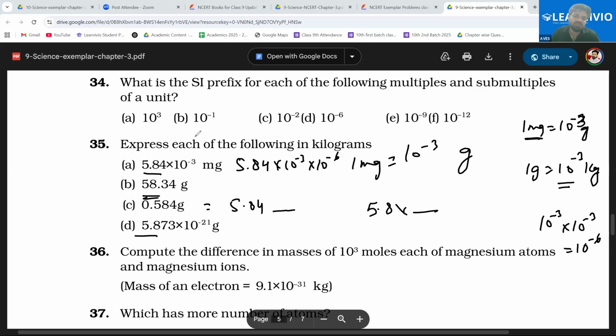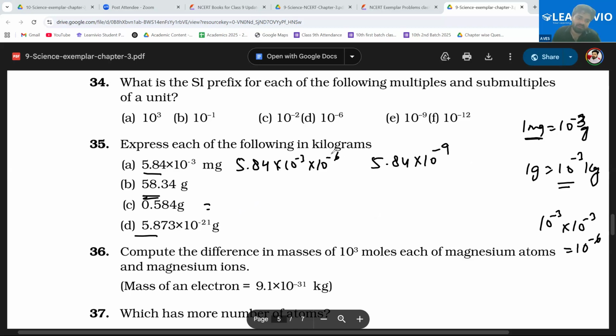So what could be the answer? Can you tell me? 5.84 into 10 to the power minus 9. When bases are the same, powers are added. So when you add minus 3 with minus 6, you will get minus 9.